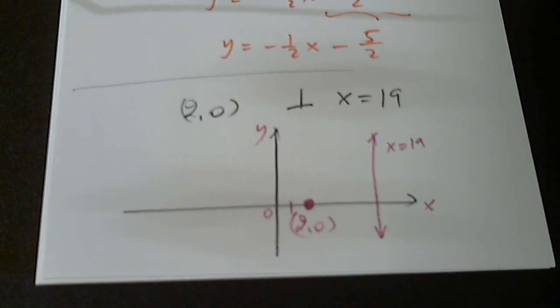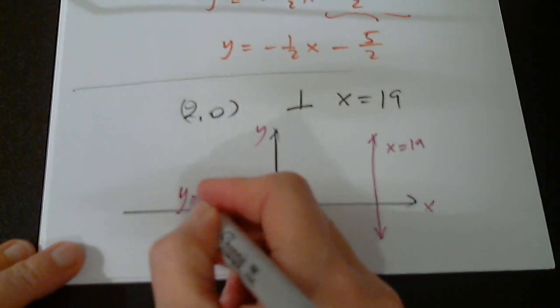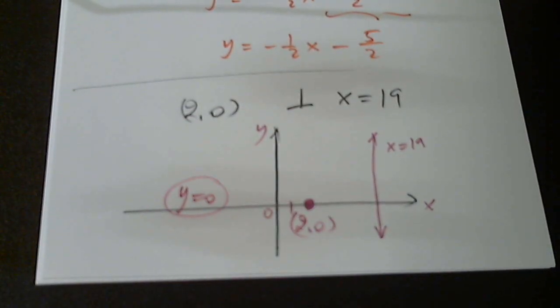Anyone, please? Horizontal. Yes, it's this line, y equals 0. It's the x-axis. That's it.